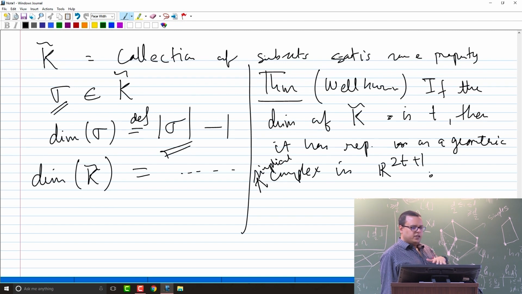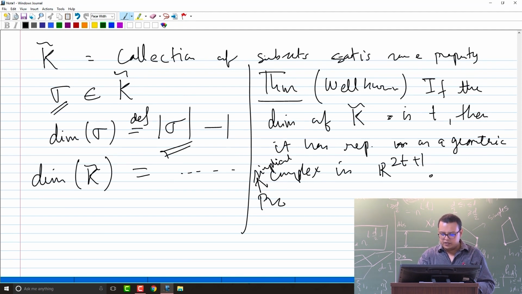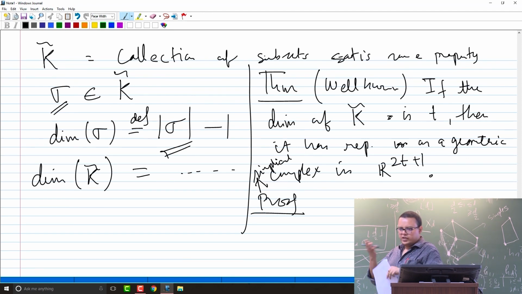Now see, this statement is not complete. The natural question is, what are you writing about geometric representation? You have not explained what the geometric representation of an abstract simplicial complex is. So intuitively, what should be the definition of a geometric representation of an abstract simplicial complex?